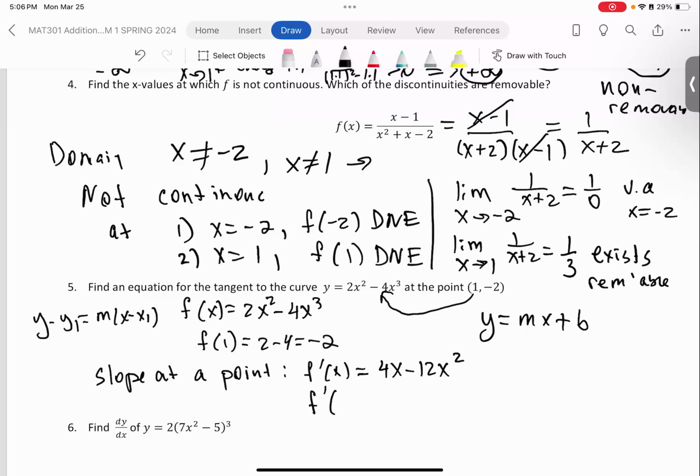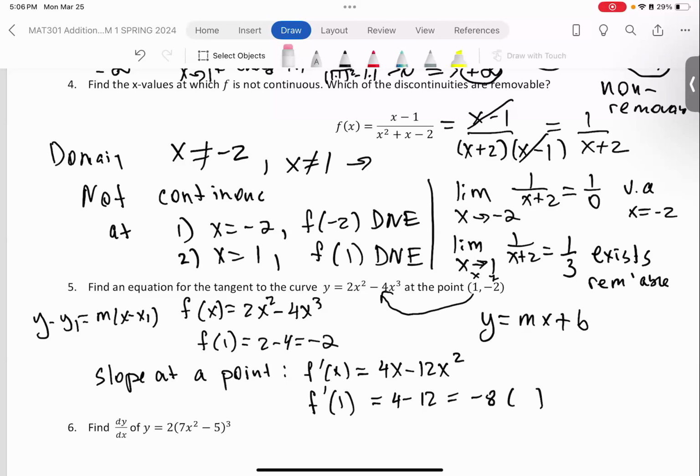What are we substituting? One, for x, right? This is your x, this is your y. So once you substitute 1, what do we get? -8, right? That is your slope.